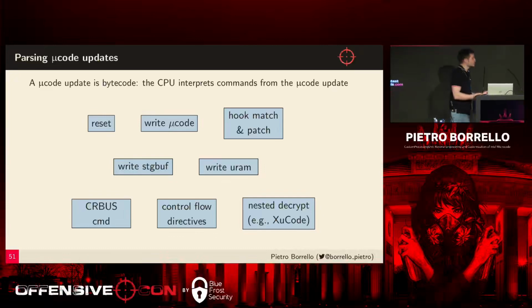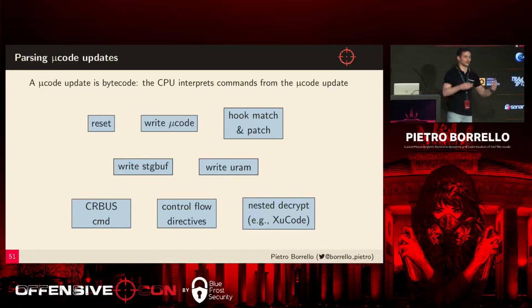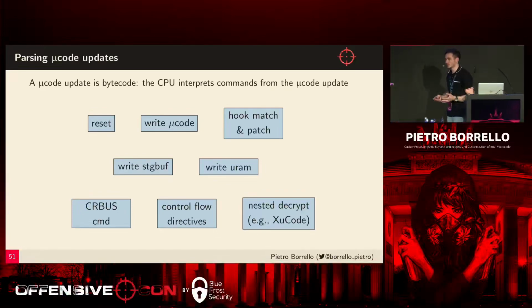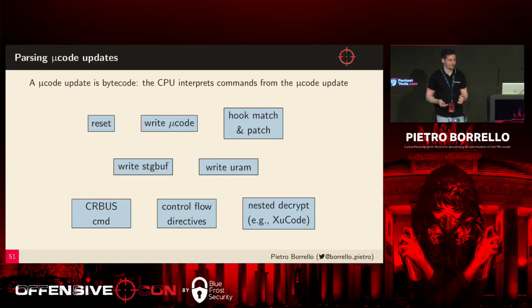And it even has control flow directives to do, for example, branches inside the microcode update, which actually makes the microcode update a Turing-complete language, which is incredibly surprising, I would say.